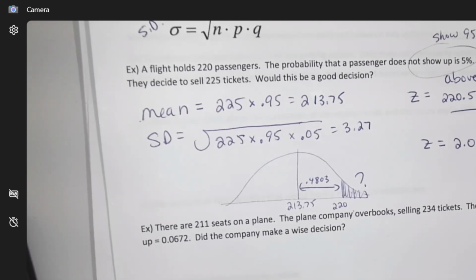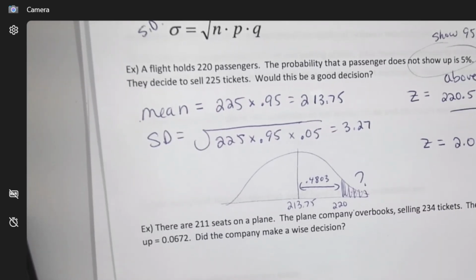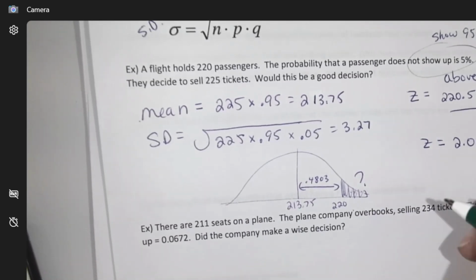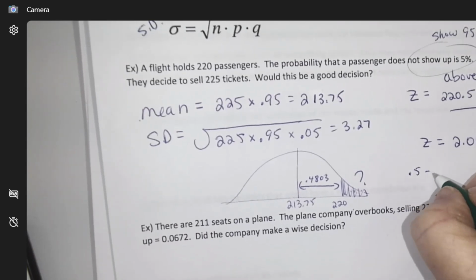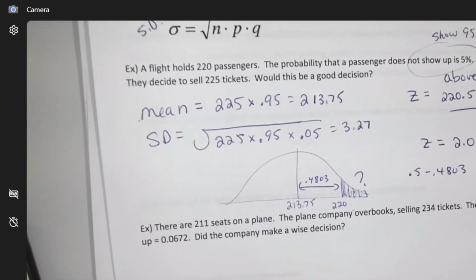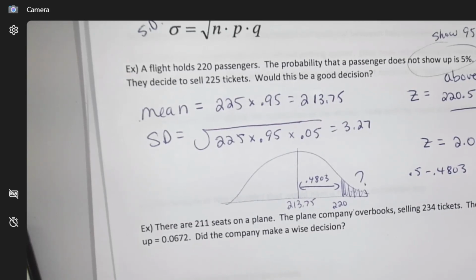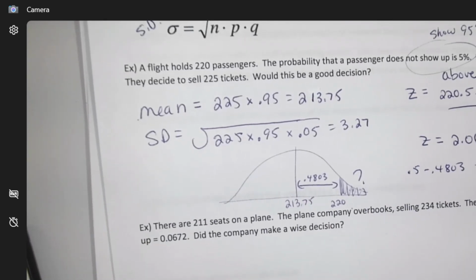But I want the over percent, so what should I do to get that side of it? 0.5 minus. Okay, so there is a 1.97% chance that your flight gets overbooked.